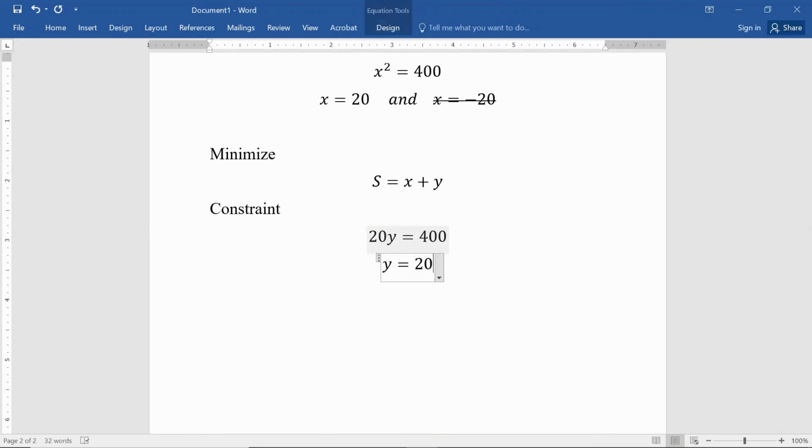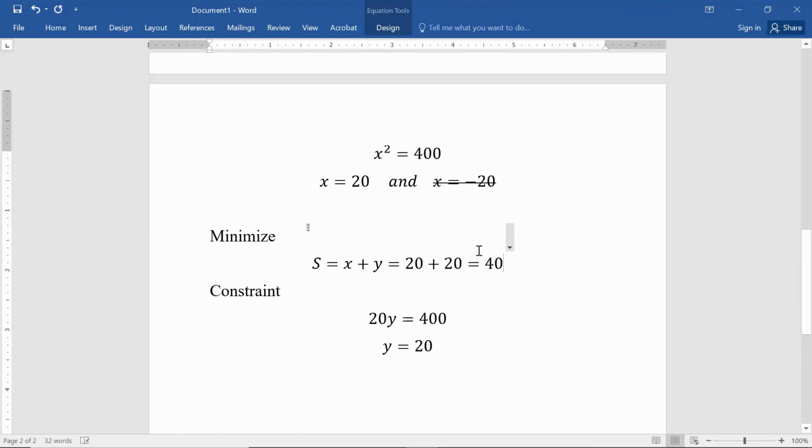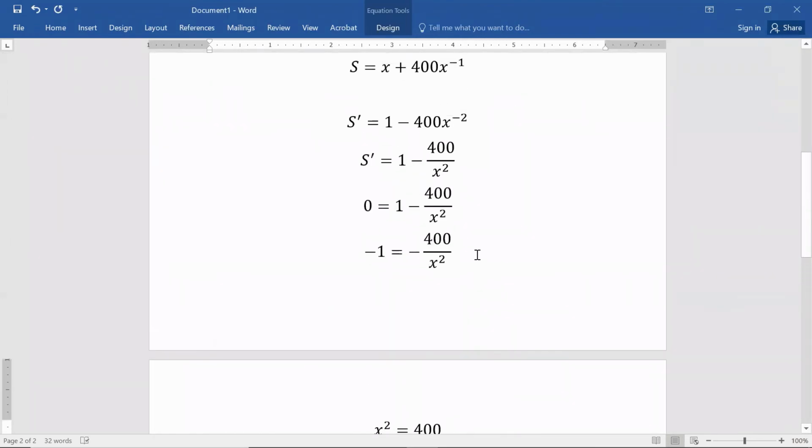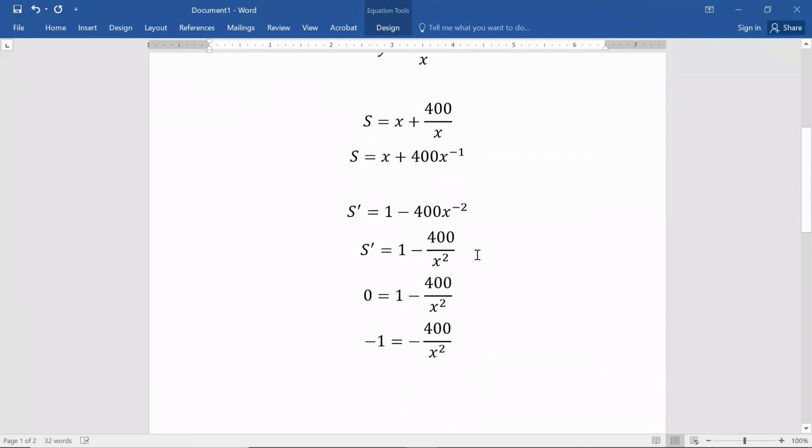And then the S would be 20 plus 20, which would be 40. I skipped over one step, but you can do this on your own if you'd like, or you could just trust that we get a minimum.